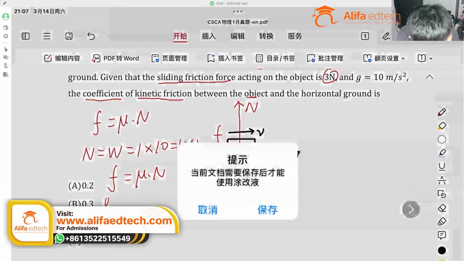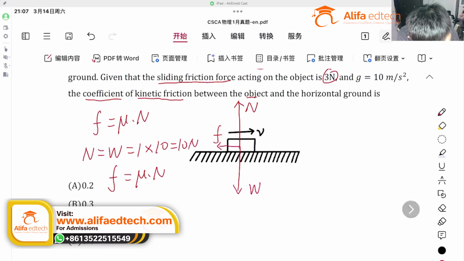As the friction force is 3 newtons, and the support force is 10, we can know the coefficient of kinetic friction is 3 divided by 10 is 0.3. So the correct answer is B.